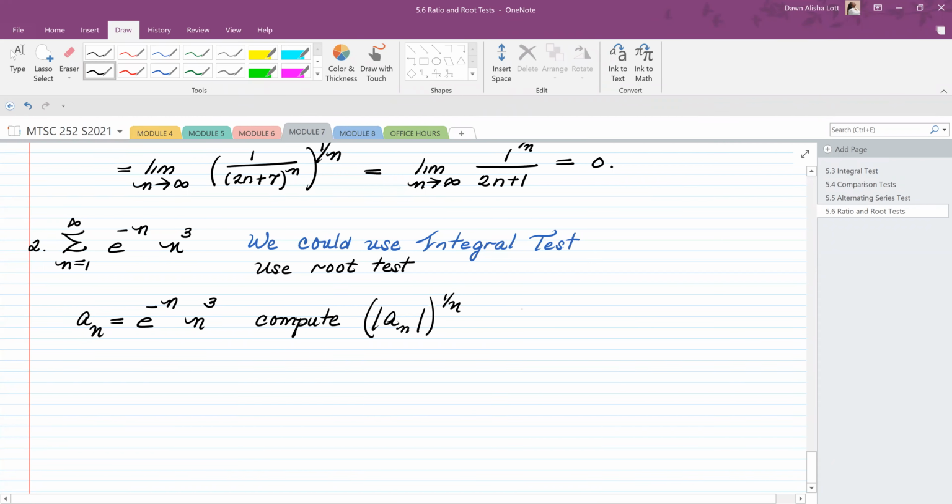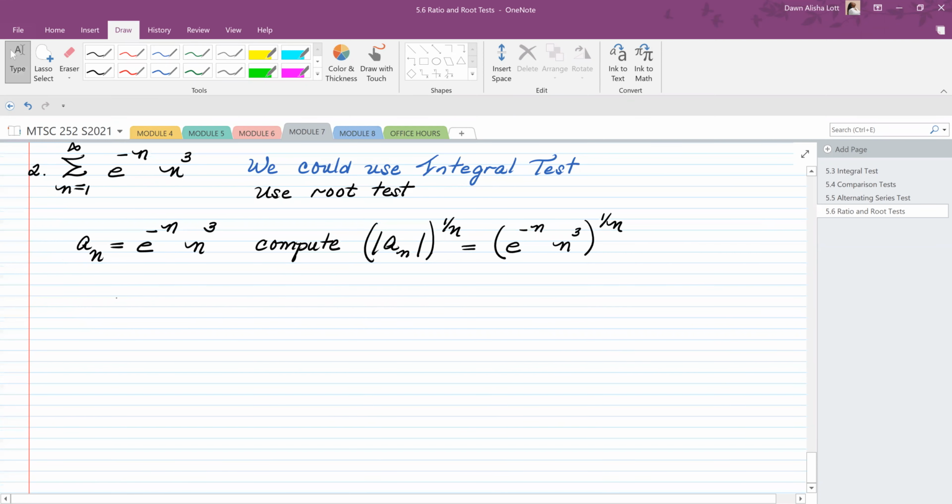So that's going to give me e to the minus n times n cubed, all to the 1 over n. So therefore I get the absolute value of an to the 1 over n.